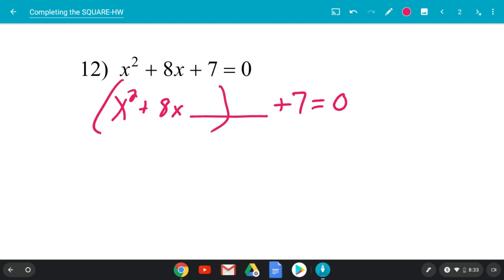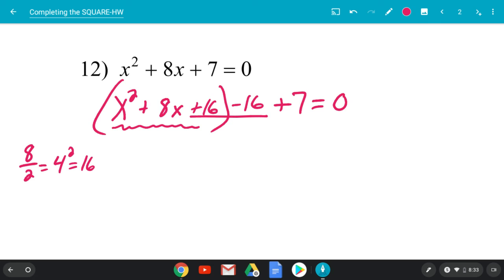Put a parenthesis halfway through the space around the first half. Now I've got to decide what I'm adding and subtracting. I take my middle term, 8, divided by 2, which is 4. 4 squared is 16. So I'm going to add 16, subtract 16.